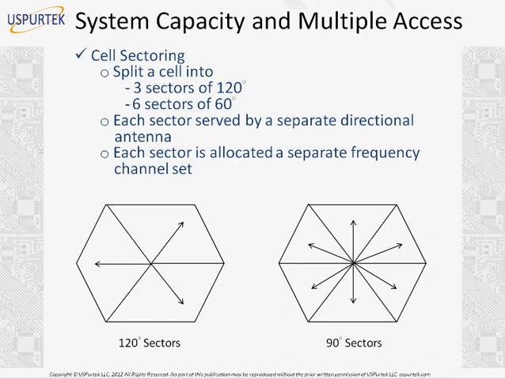Now this provides you a lot of improvement over the co-channel interference. Why? Let's consider if you had an omnidirectional antenna where you had no cell sectoring. That means the co-channel interference will enter from six sides around the antenna. We are representing a cell with the shape of a hexagon. So if you model it like that, then the interference can enter from all 6 sides, all around.